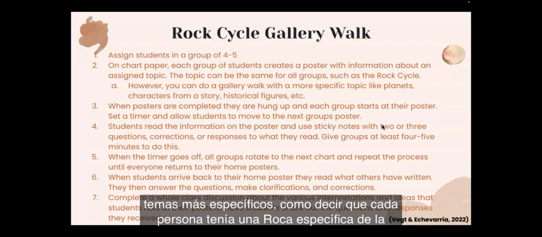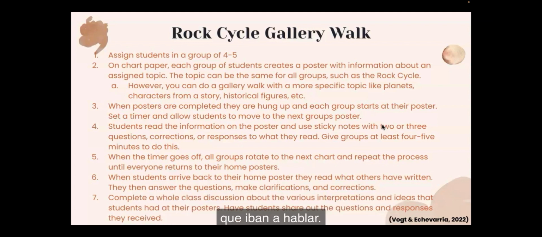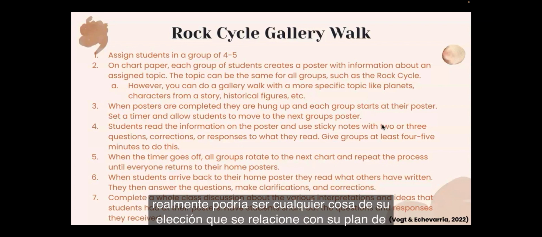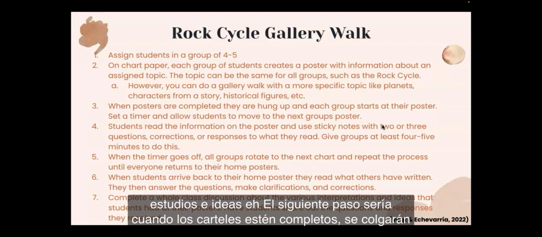Like say each person had a specific rock they were going to talk about on their poster, or a specific planet, or characters from a story, historical figures. It could really be anything of your choosing that relates to your curriculum and ideas.